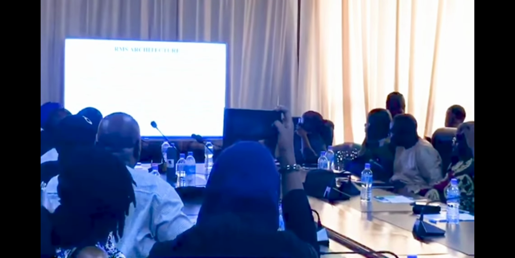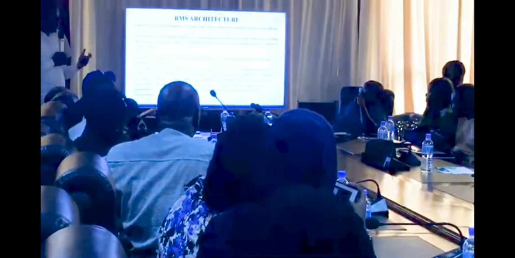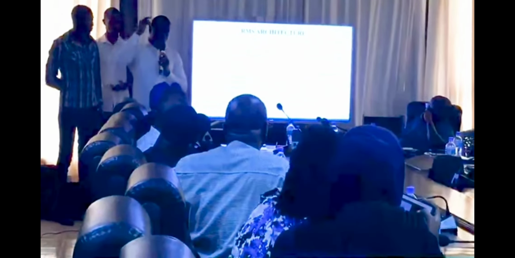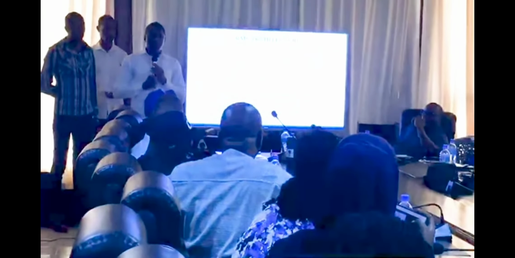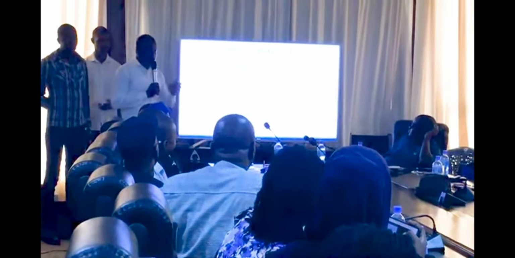What we intend to introduce this time around is how we can get the result within the shortest possible time. With that, we intend to use two architectural models. One will be the online platform, and the other is the offline platform. The online platform allows the transmission of results right from the polling station straight to our central infrastructure.